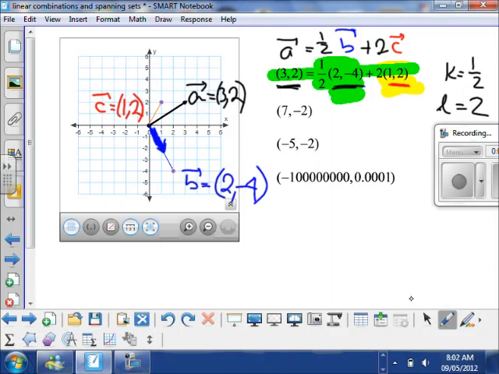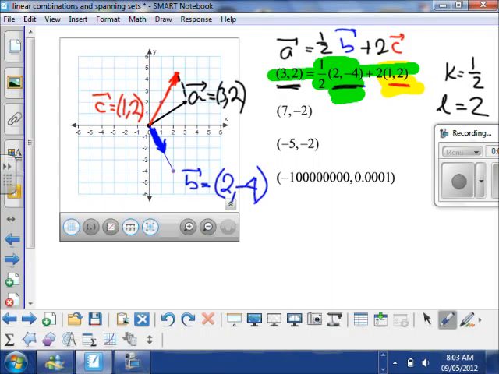2 times vector C. That means take vector C and double it, right? Double its magnitude, maintain the same direction. So I take this, I double it. It's somewhere over here. Good. Guess what happens when I add my new blue vector and my new red vector? I'm going to get nothing else but vector A. There you go.